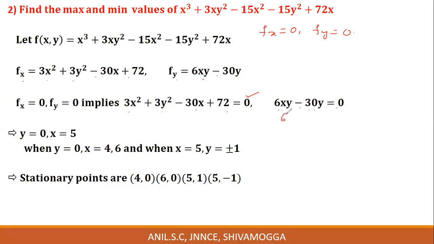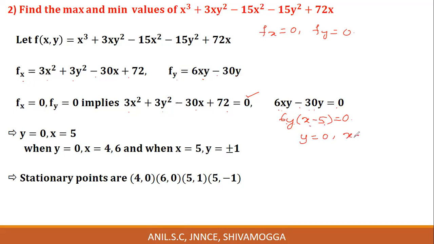Here you can take 6y as common factor. As 6y comes outside, what you get within the brackets is x minus 5. This is equal to 0. The product of these three terms is equal to 0, implies at least one of the three terms is equal to 0. But you cannot equate 6 to 0. Therefore, either y is equal to 0 or x minus 5 is equal to 0.